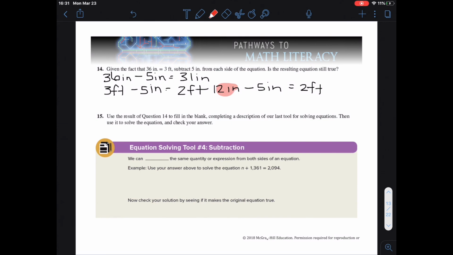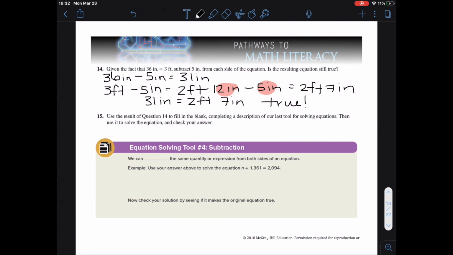So 12 inches minus 5 inches gives us 7, we have 2 feet and 7 inches. Okay? So by subtracting 5 inches from both sides, we get 31 inches is the same thing as 2 feet, 7 inches, which is still true.